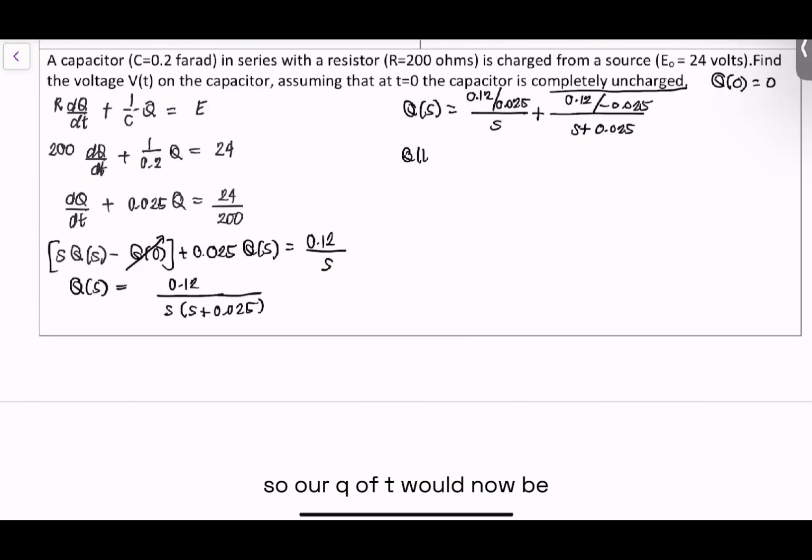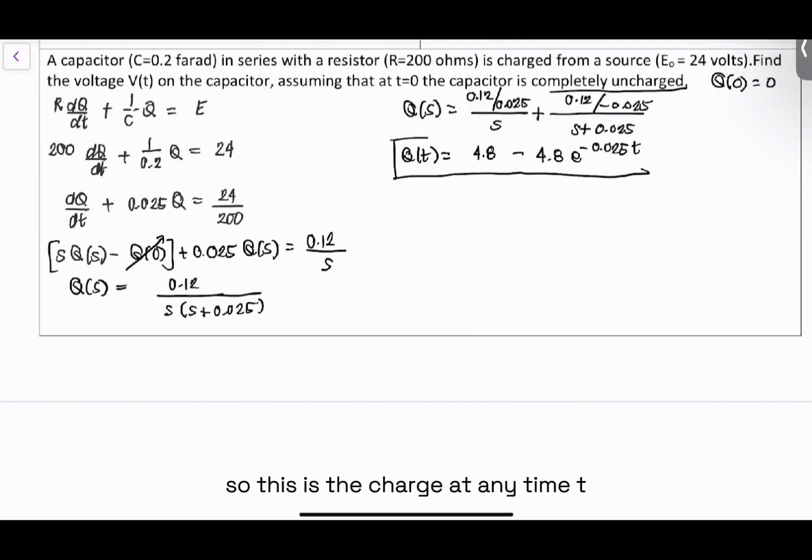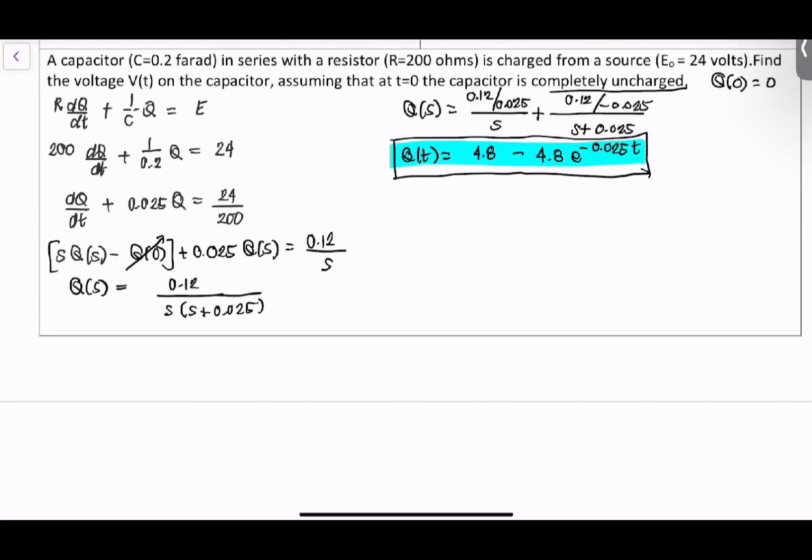So our Q of t would now be 4.8 minus 4.8 e to the negative 0.025t. So this is the charge at any time t. So the unit is in coulombs.